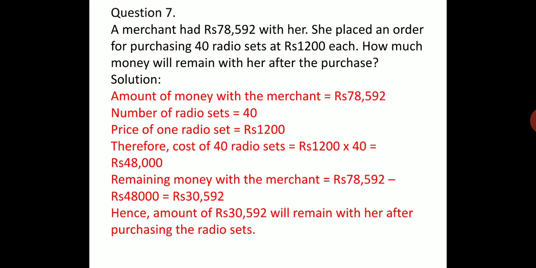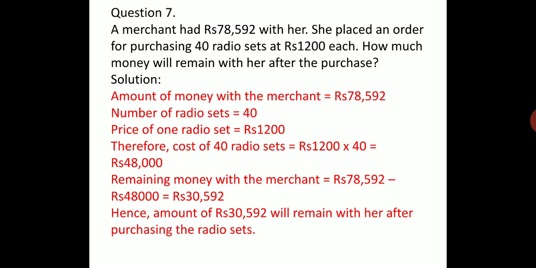Now how much money will remain with her after the purchase? So for one set we have to pay 1,200 rupees. And for 40, so 12 into 4 is 48, and it comes 48,000. Now the total amount is 78,592. So we'll subtract and see how much amount is remaining.